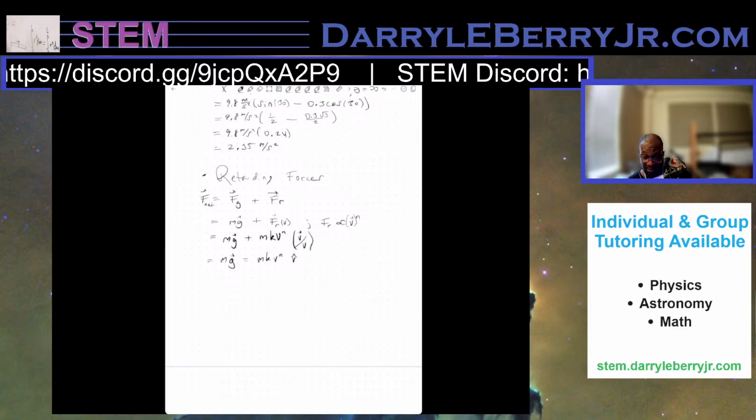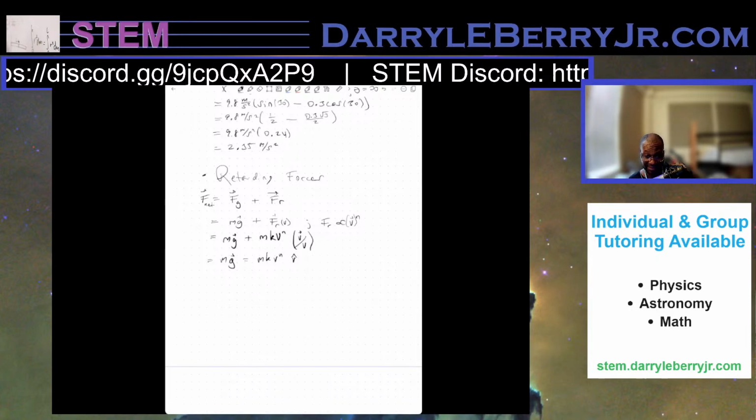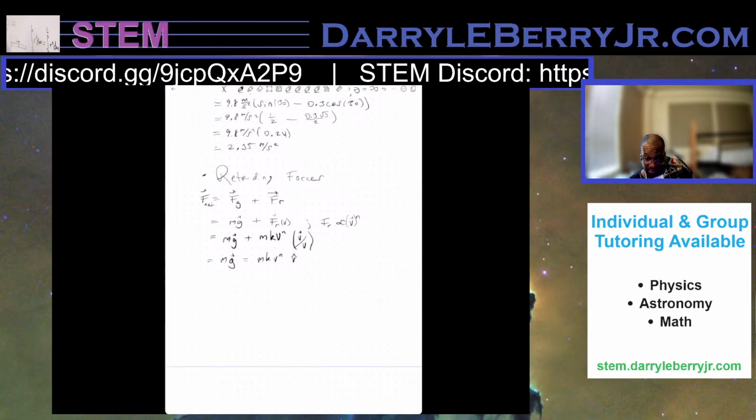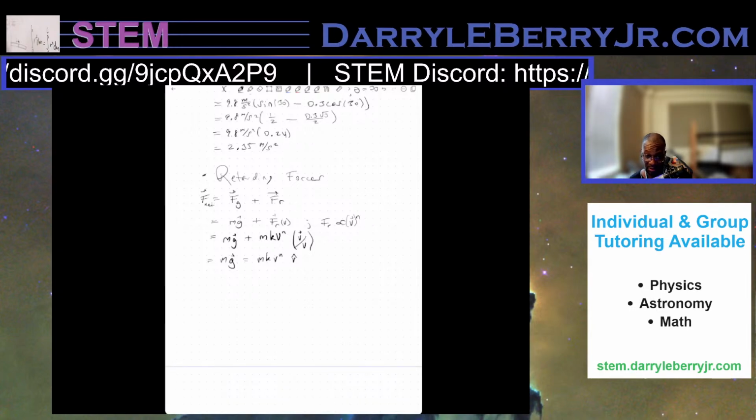For velocities higher than that, but below the speed of sound, the retarding force is approximately proportional to the square of velocity.